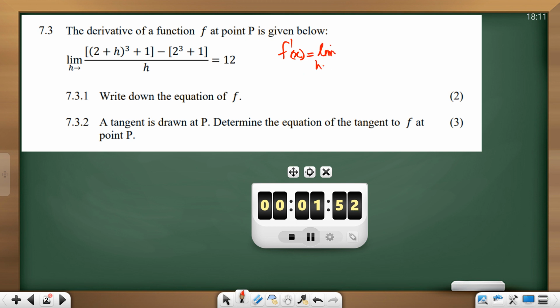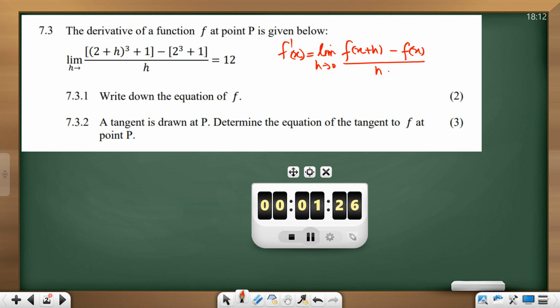Limit as h tends to 0, f of x plus h minus f of x over what? Guys, just compare. You can get x already, or you can get your f of x. Good question.